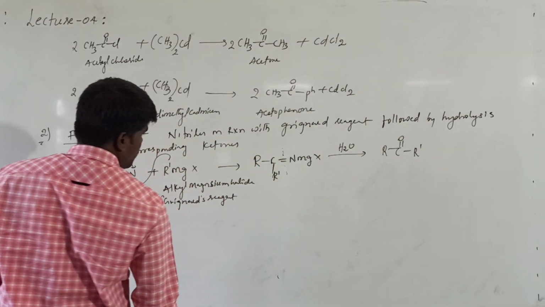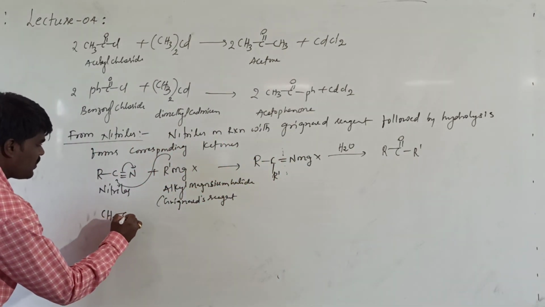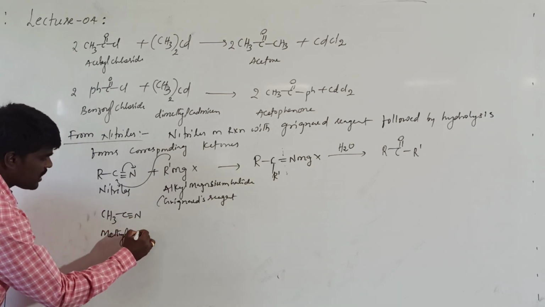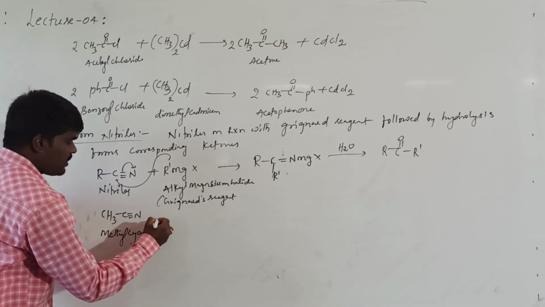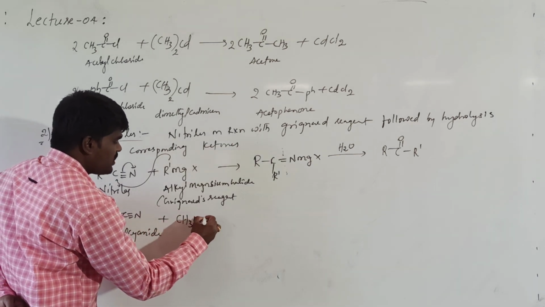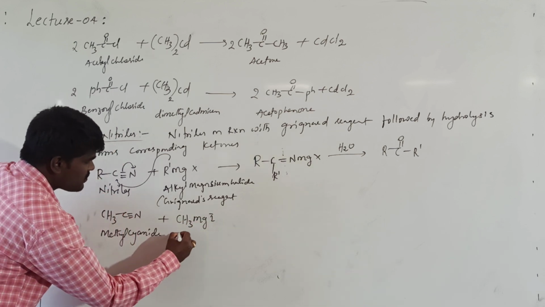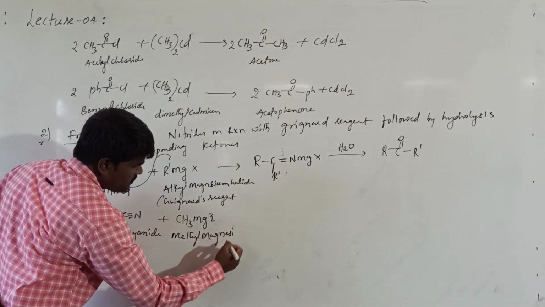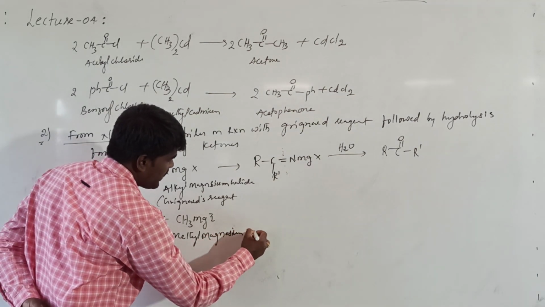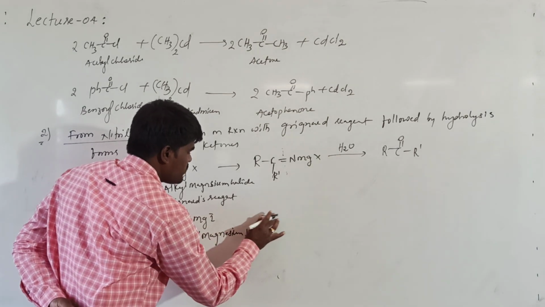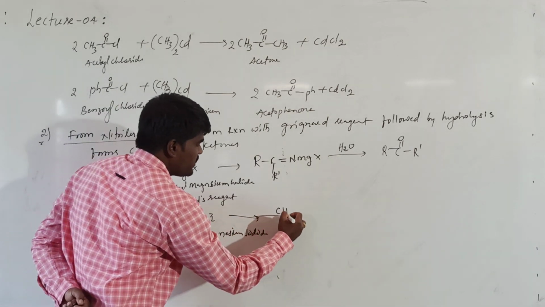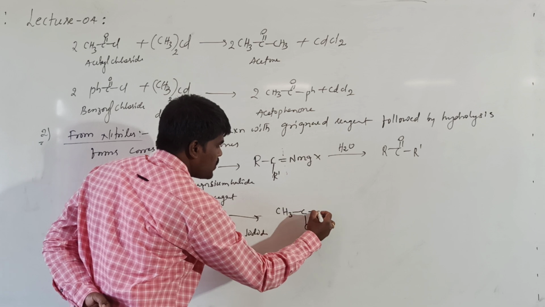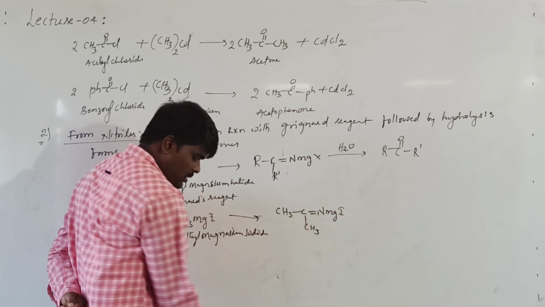Here, suppose if you take an example, methyl cyanide. Methyl cyanide on reaction with methyl magnesium iodide. It forms an imine intermediate.